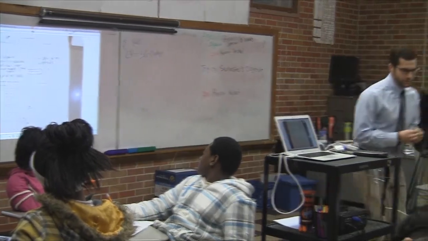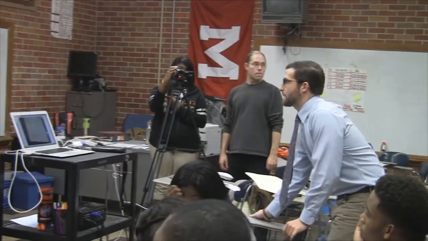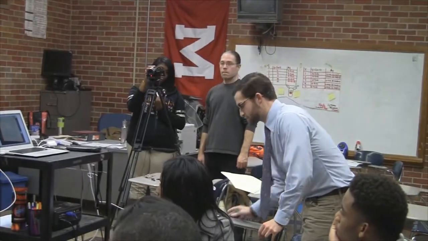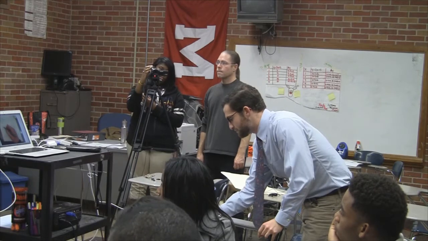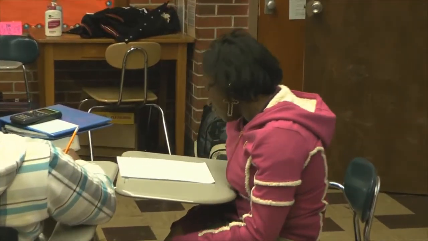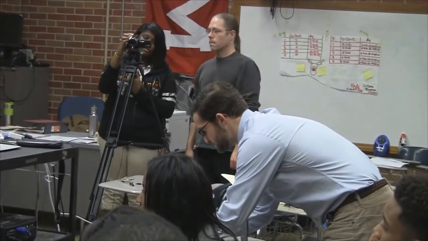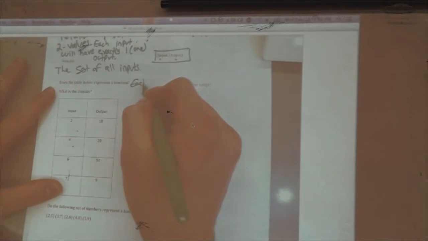Okay? So looking at this table of values down here, we're asked, does the table represent a function? Yes. Shemaiah says yes. Shemaiah, why does this table represent a function? Because each input has one output. Okay. So each input has exactly one output. So do a check, Reggie.